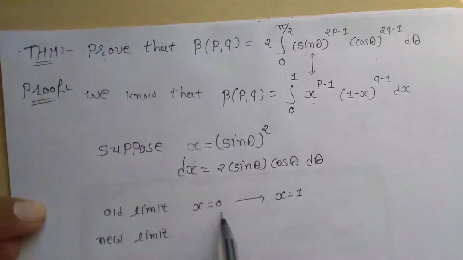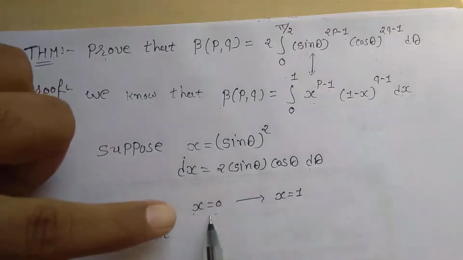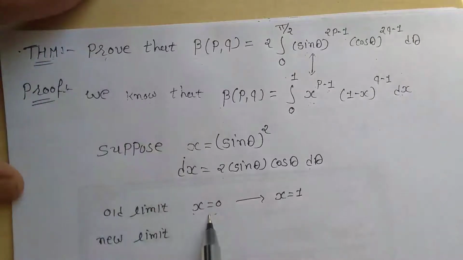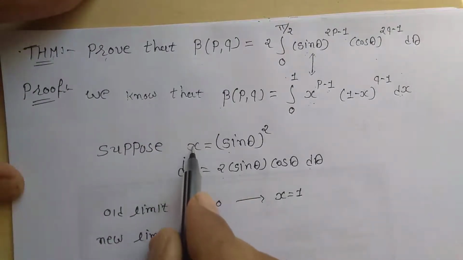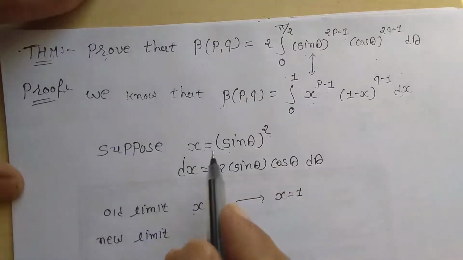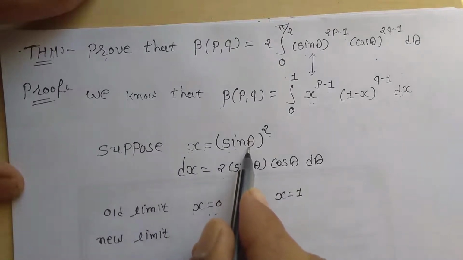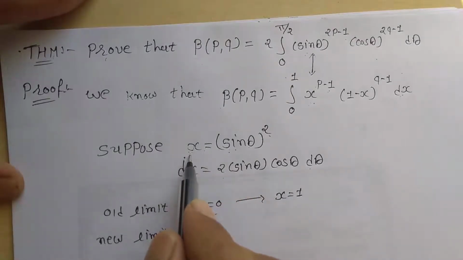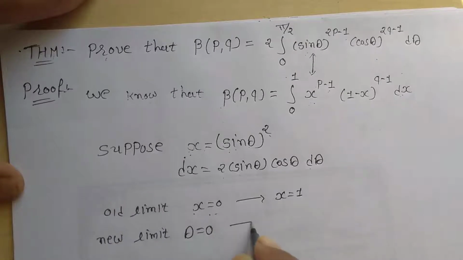Put x equal to 0 in our supposition. So here x is 0. Therefore 0 equal to sine square theta, therefore 0 equal to sine theta. Therefore theta equal to sine inverse 0, and sine inverse 0 is 0. Therefore theta equal to 0.